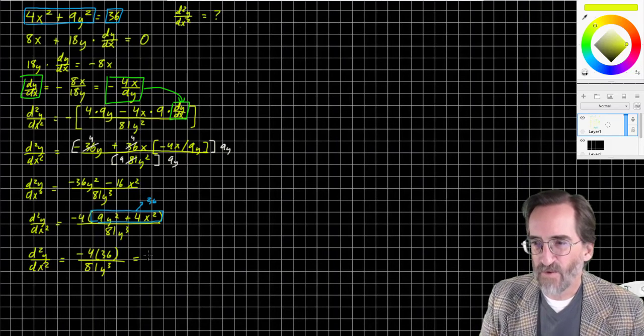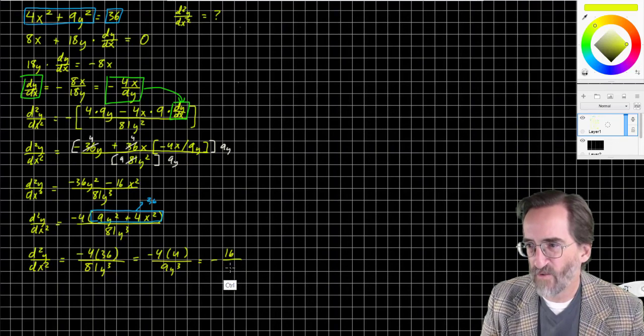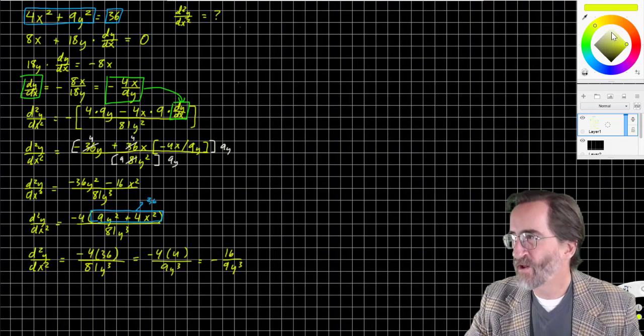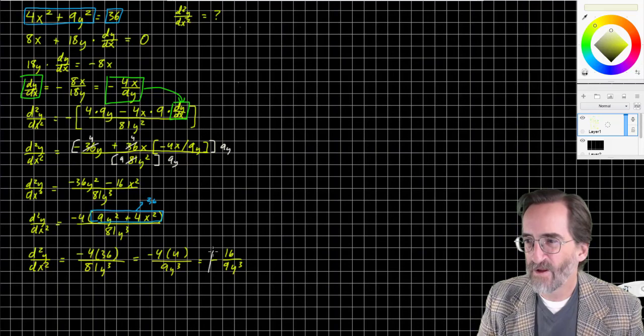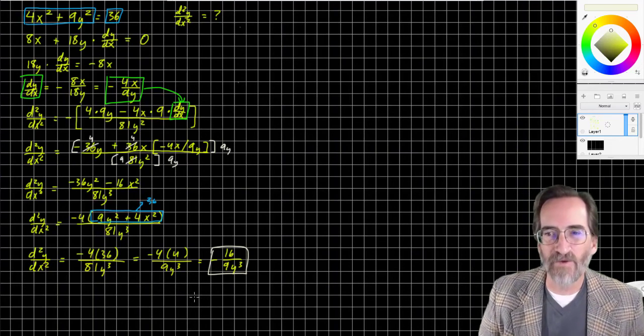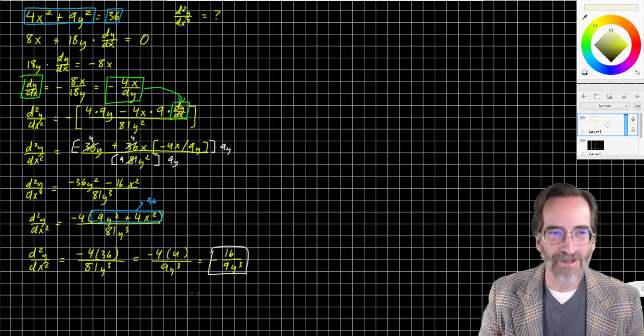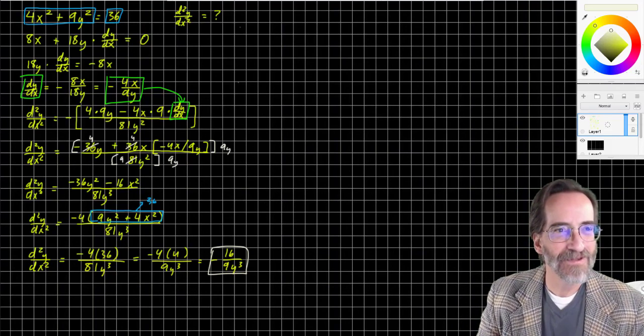So negative 4 times 4 over 9y cubed. So negative 16 over 9y cubed. There we go. That's the second derivative of y with respect to x. Isn't that fun? You're going to have fun with this lesson.